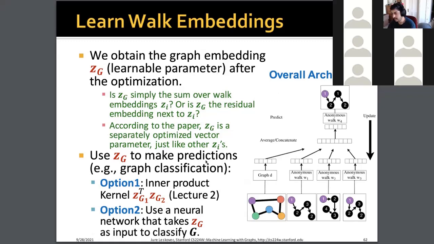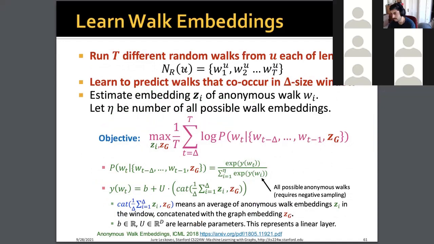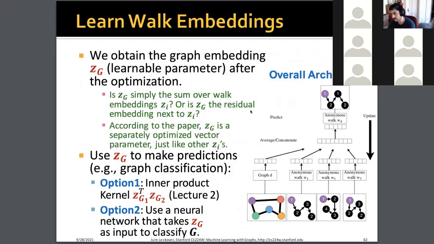So on top of that, we have one piece, which is the embedding for the anonymous walks, and we also have an embedding for the graph, because those are going to look a little bit different between every graph, which node you're starting at and which anonymous walks you'll hit.